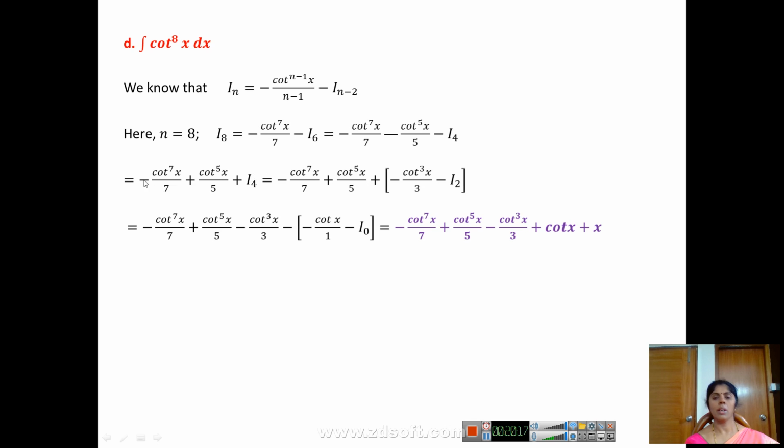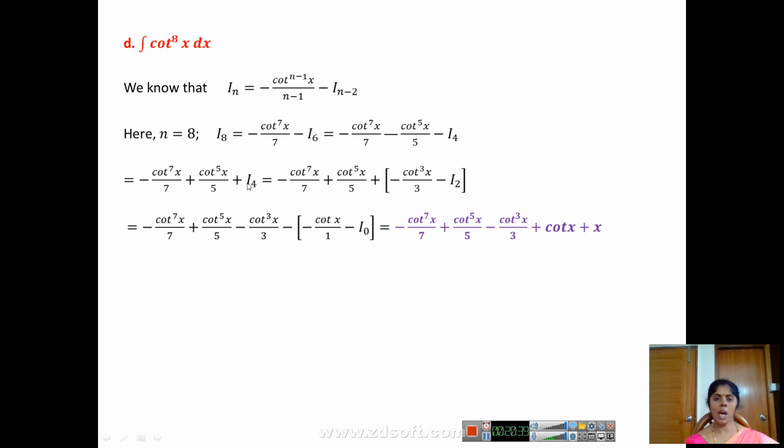And again we can replace the thing here. Here we are having minus I6, I6 you can write, minus into minus becomes plus, and minus into minus becomes plus. The result is minus cot to the power 7 of x by 7 plus cot to the power 5 of x by 5 plus I4.